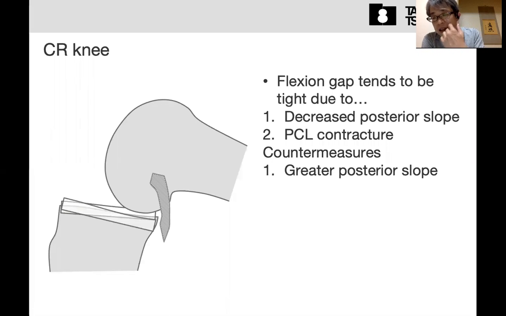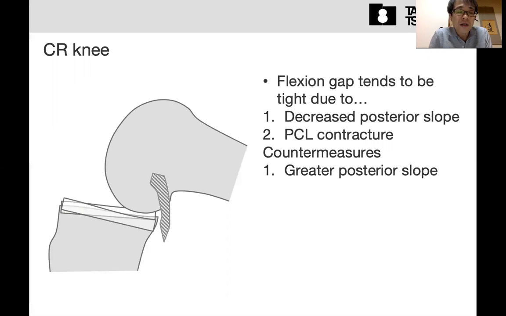So if we cut deeper and deeper, most of the PCL can be damaged or detached. To maintain the attachment to the posterior cortex of the tibia, some surgeons prefer to retain a bony island, retaining the bone around the PCL insertion. But this bony island can sometimes break and lift up, and eventually PCL insufficiency can occur.